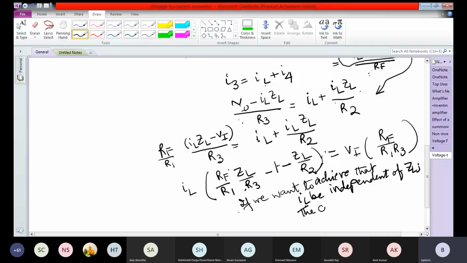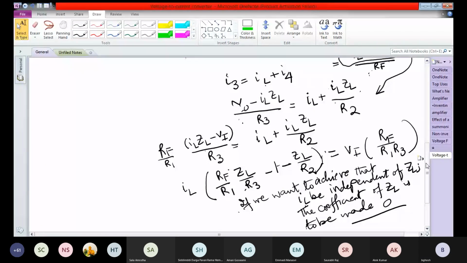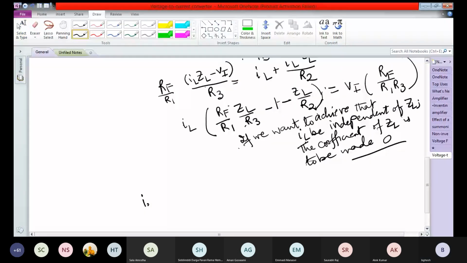That is, RF by R1 R3 is equal to 1 by R2. That is, we want to make RF by R1 R3 equal to 1 by R2.